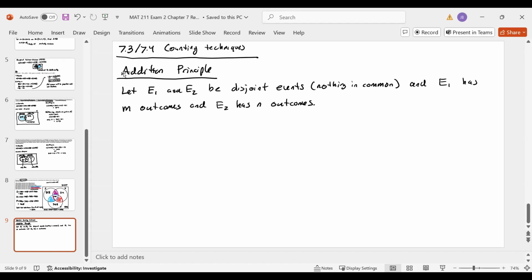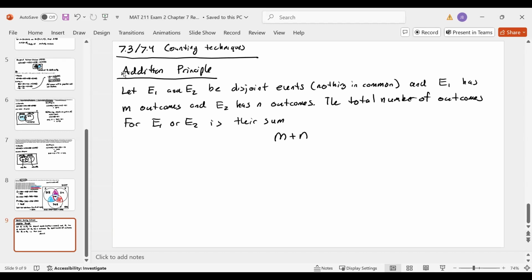Okay. Then the total number of outcomes for E1 or E2 is their sum, M plus N. That's it.